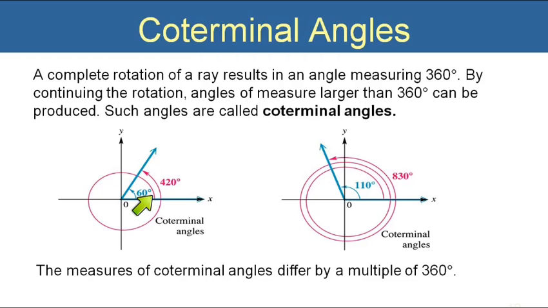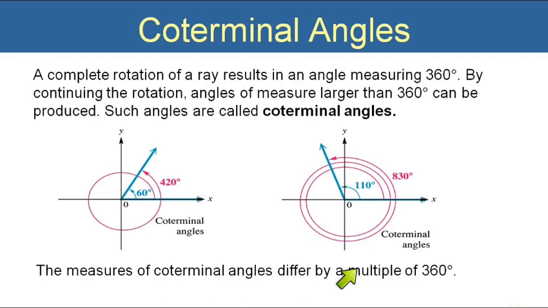But the 420-degree angle goes all the way around the circle but stops in the same position. So we only get one terminal side here. These two angles are coterminal. And here's another example. This terminal side is the terminal side of 110 degrees, but it's also the terminal side of, if we go around twice and then stop in the same place, that's 830 degrees.